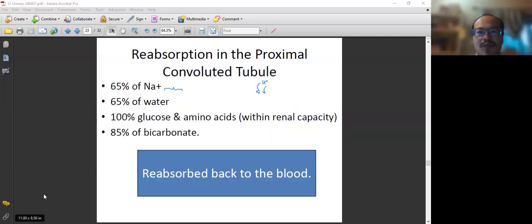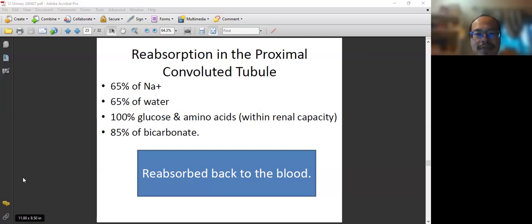All right, this one summarizes everything we just talked about. We reabsorb a lot of good stuff. Amino acid and glucose, we reabsorb 100%. We also reabsorb about 2/3 of the sodium. By absorbing 2/3 of sodium, we also reabsorb about 2/3 of the water.